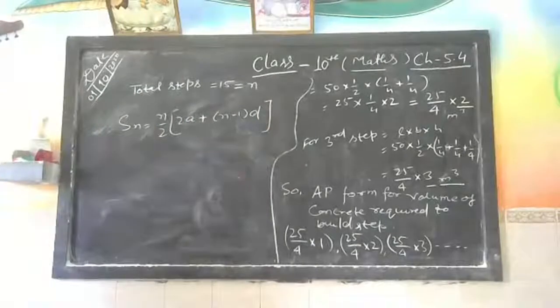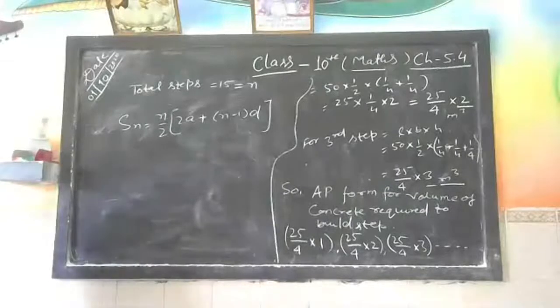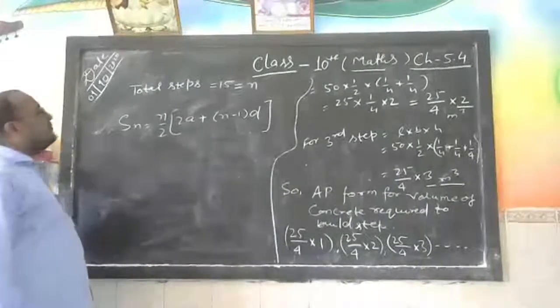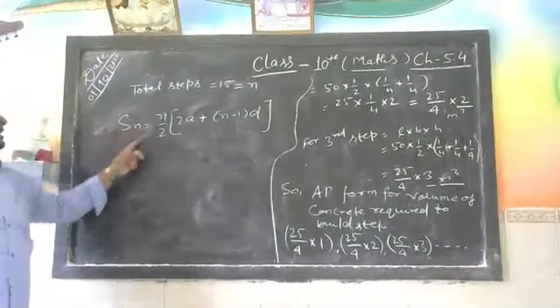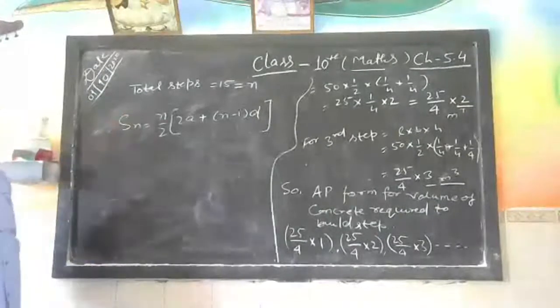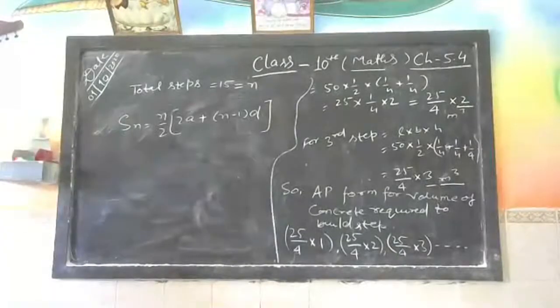You want to find the total volume required to build the 15 steps. So the total volume will be calculated by Sn. Clear? So in this situation, you are looking here.